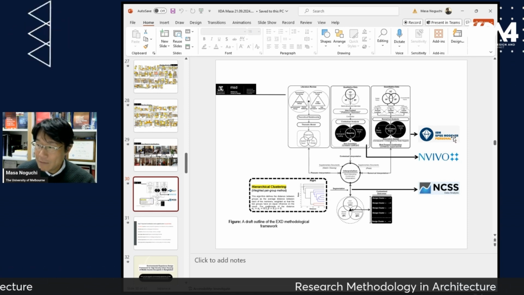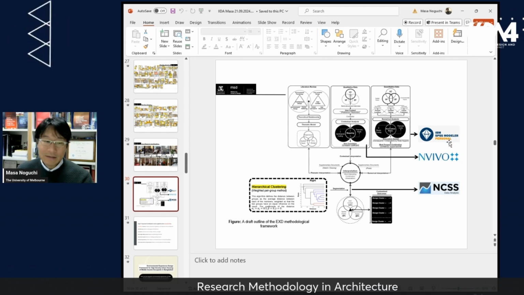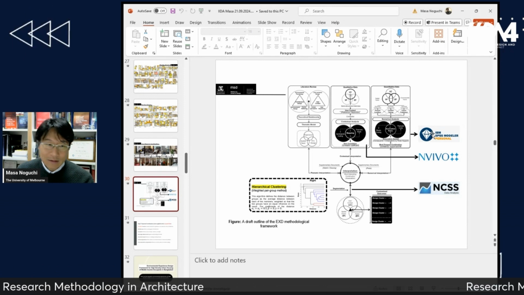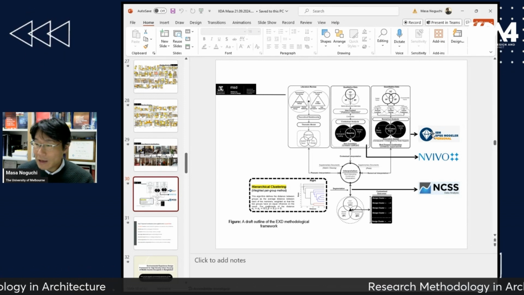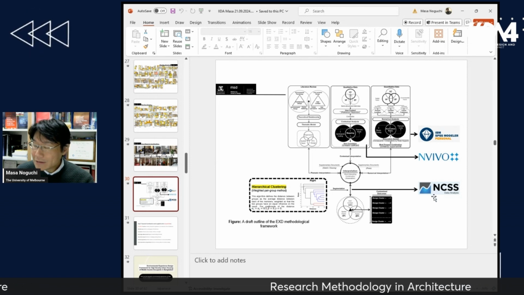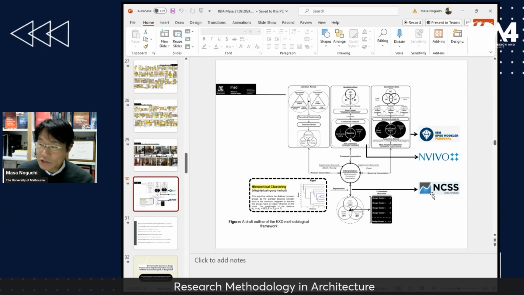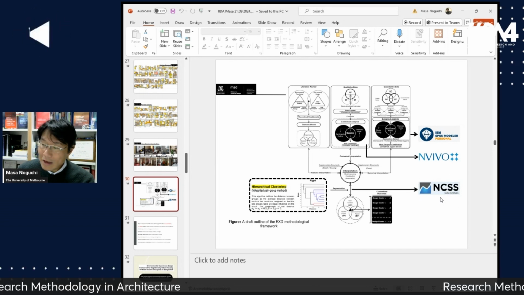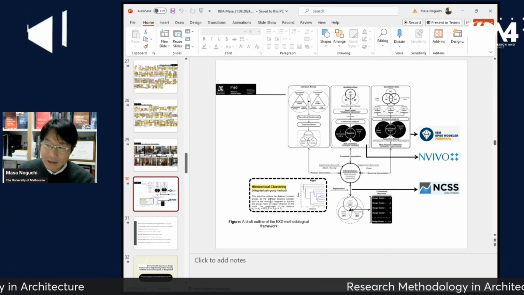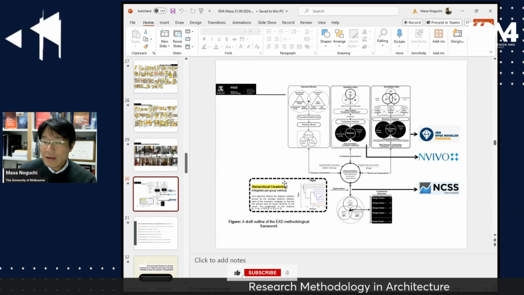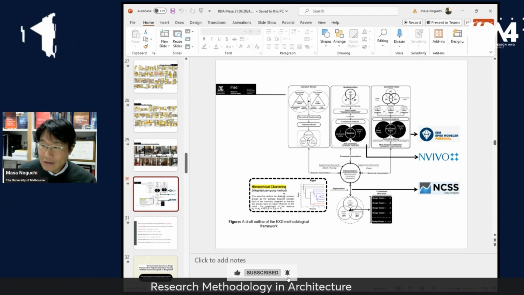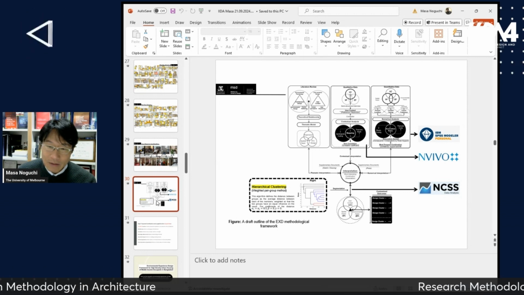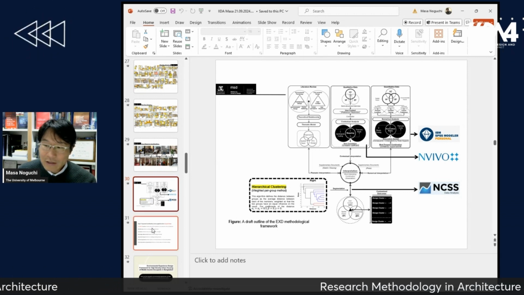He used IBM SPSS Modeler as a tool to conduct the research, particularly association rules, and an additional tool, NCSS, for hierarchical clustering. So these are the research methods, part of the research methods he took.